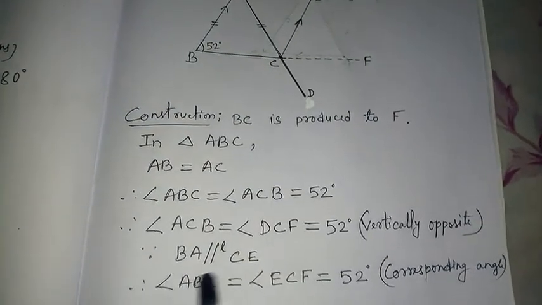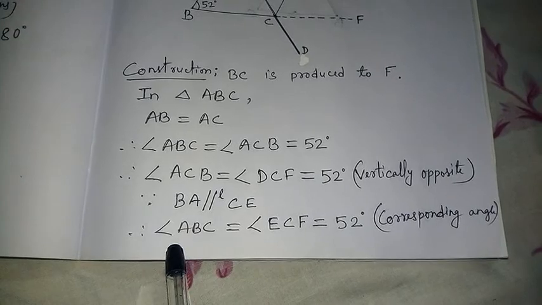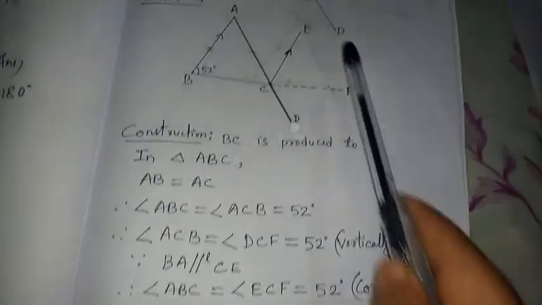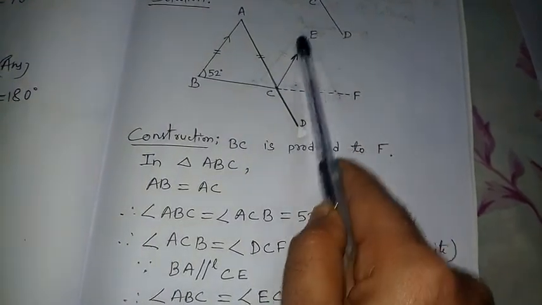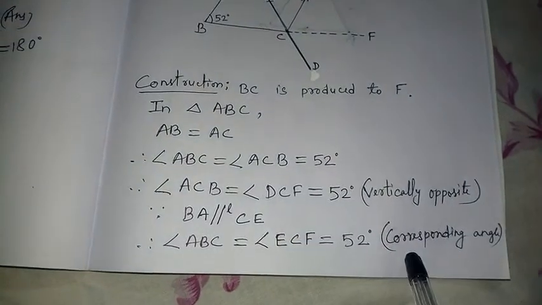Now next, BA is parallel to CE. That's why angle ABC is equal to angle ECF. Both will be 52, because if it is 52, this is also 52. Corresponding angles, just now I showed you one example.